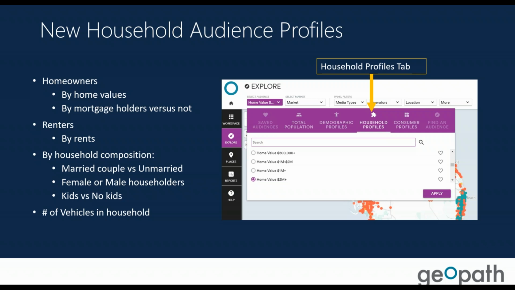I think we're well over 100 different attributes across the population, demographic, household profiles, as well as consumer profiles. In the next release, which I believe is coming on Tuesday, there'll be about 300 plus different attributes, ultimately working towards, with our partnership with Claritas, I believe we have access to approximately 10,000 different attributes.